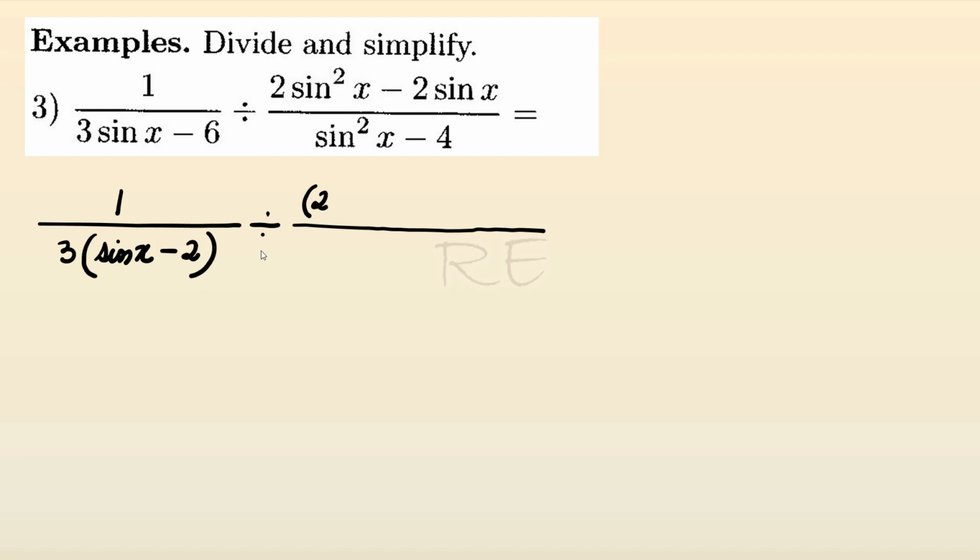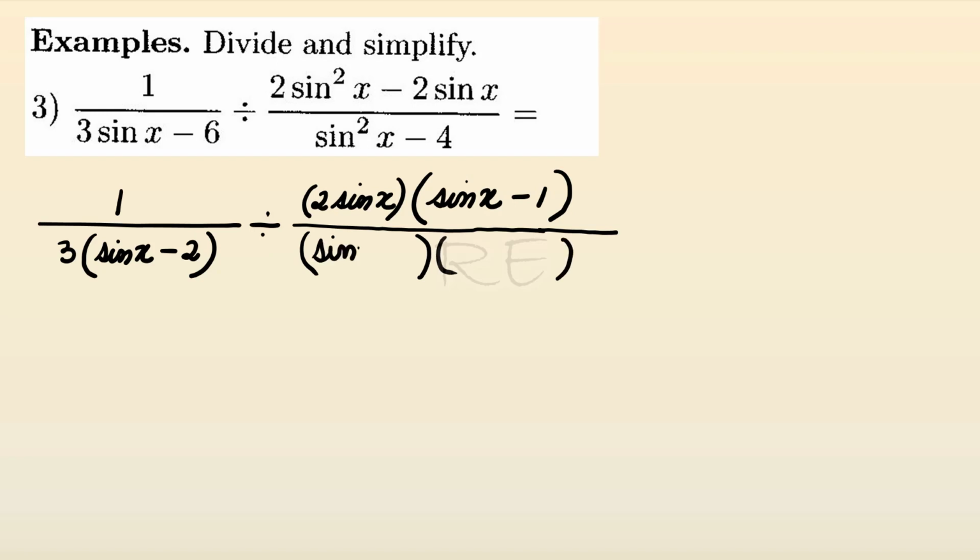So it's 2 sine x times sine x minus 1. And the denominator is a difference of two perfect squares. It's sine x plus 2 times sine x minus 2.